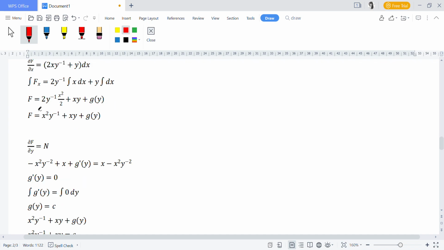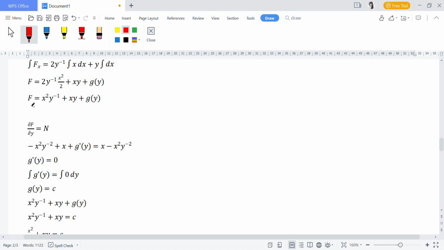We now have f equal to negative 2y raised to negative 1 times x squared over 2, plus xy, plus g of y, or we're just going to use the unknown function again. So our final potential function will be equal to x squared minus x squared y raised to negative 1 plus xy plus g of y.